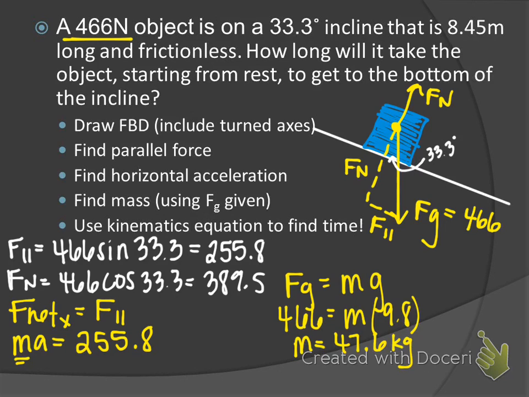So then we can plug that in over here. 47.6 times A equals 255.8. And we get our acceleration equal to 5.37? Yeah? Okay.